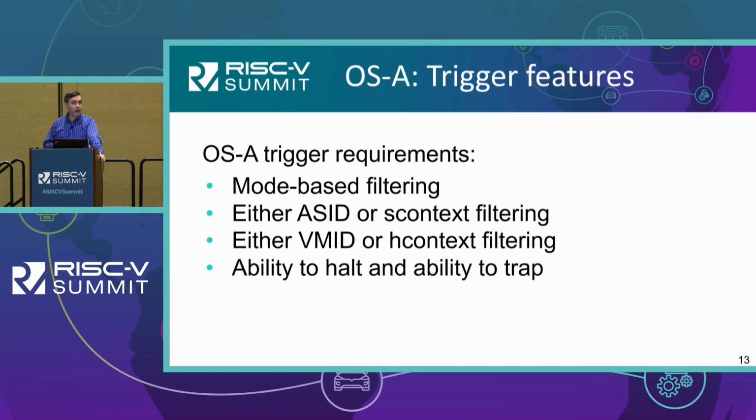And when we take the hypervisor extension into account, it requires the ability to filter on a particular guest. So you can combine these two things and filter on only a specific user process within a specific virtual machine. And once a trigger fires, it requires the ability to pass control either to an external debugger or to the native debugger.